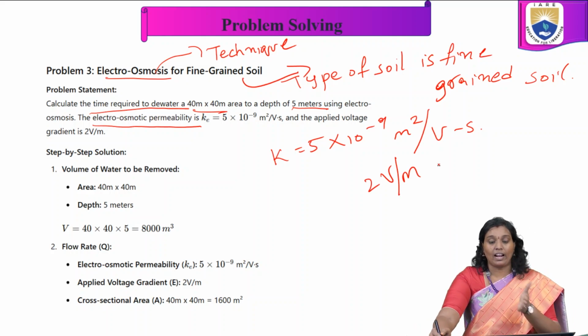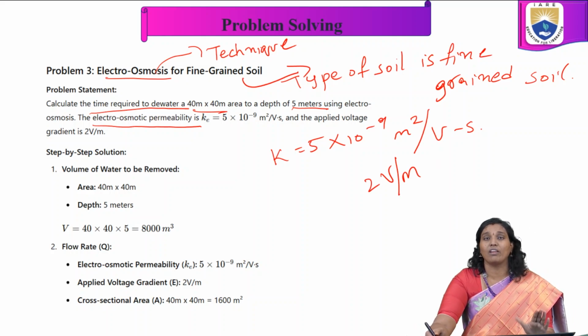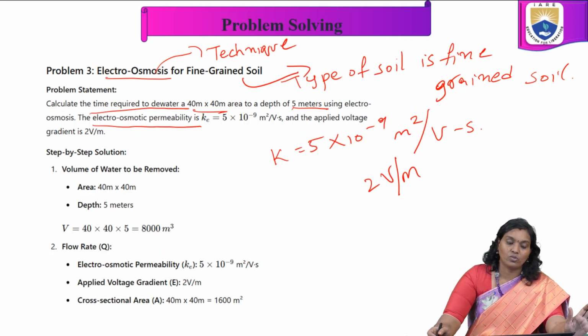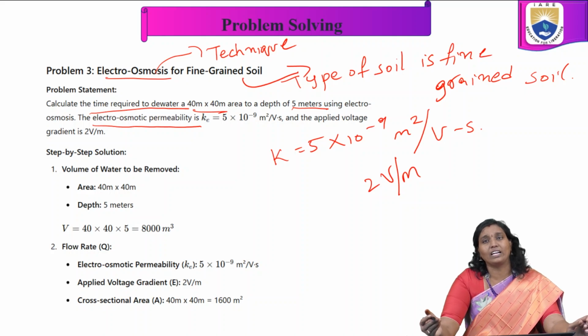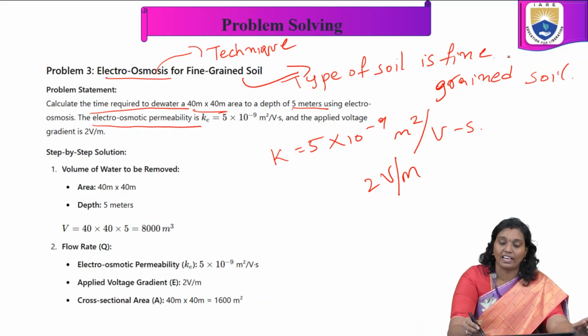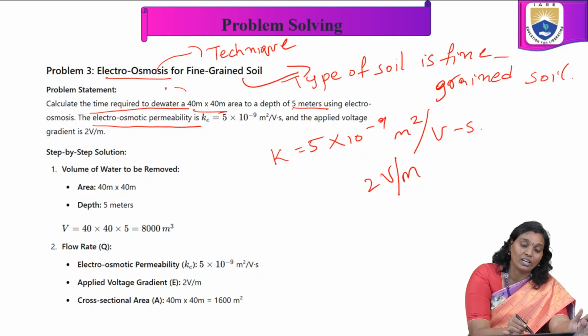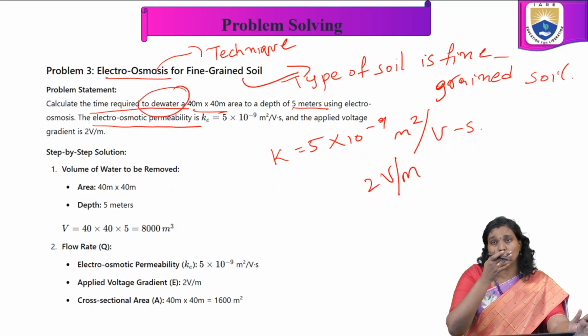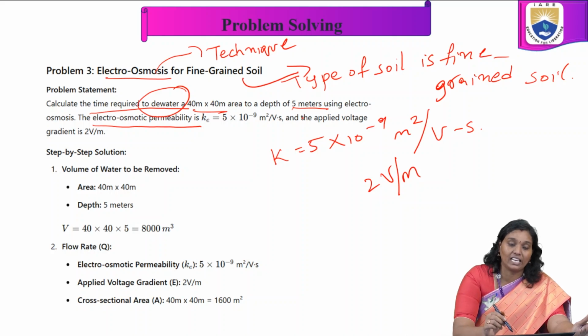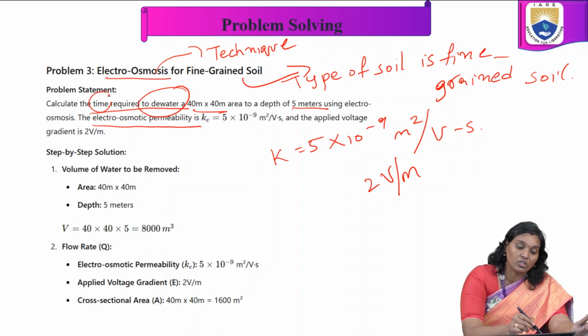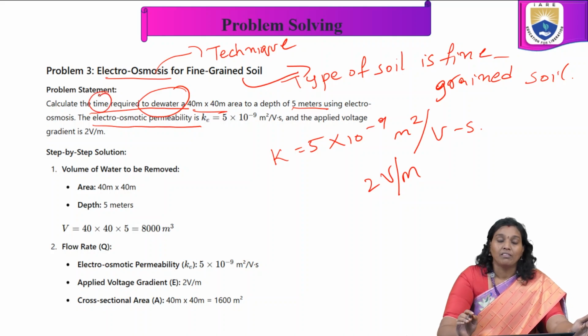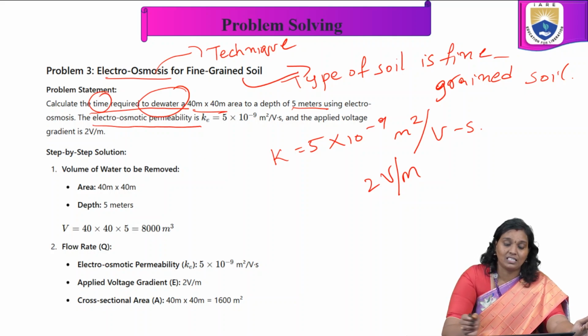So like this we understand what things are involved in this particular problem statement. We know which technique we are using, that is electro-osmosis, what type of soil is involved, that is fine-grained soil, and also the depth and area where we are using this technique to dewater. Here they asked how much time is required. The required parameters they already mentioned.